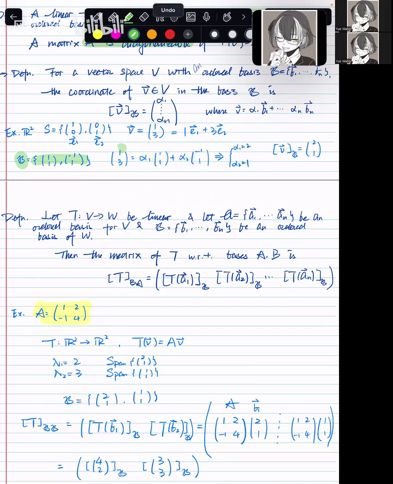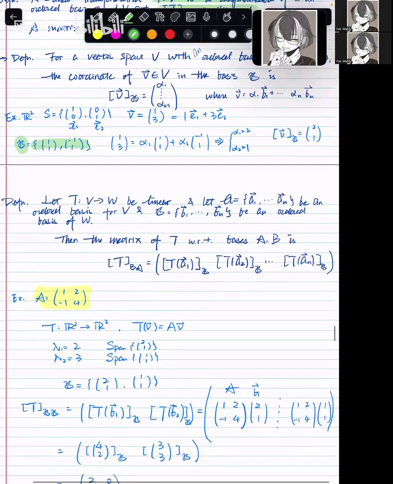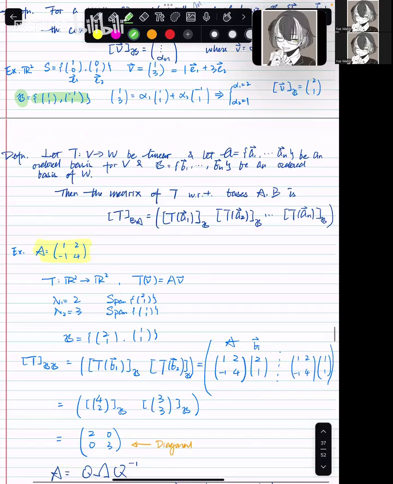So we end up with alpha 1 equals 2 and alpha 2 equals 1. Okay, so our same vector v with basis B has coordinates (2, 1) instead of (1, 3). All right, that's about vectors.